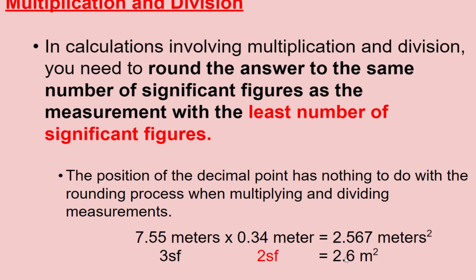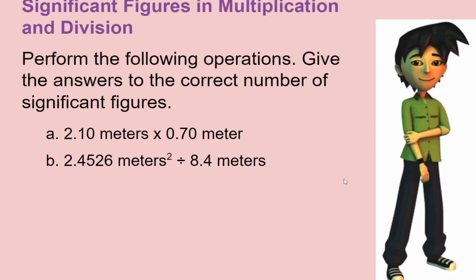So we're going to get 2.6. That's 2.6 because we had to round up that 5 since there's a number greater than 5 after it. Take a minute and fill out C and D on that second to last question on your notes. All right, pause if you need more time.